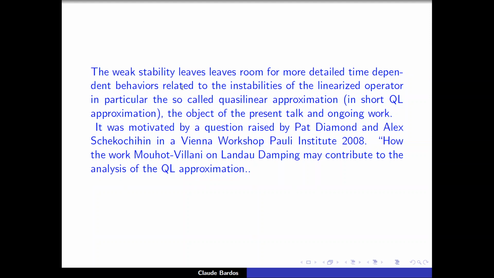I started to be interested in the subject after a seminar in Vienna with two physicists, Pat Diamond and Shikoshin. They had just read the paper of Mouhot and Villani, and they came to us asking, well, do you think that this would help to understand the quasi-linear approximation?